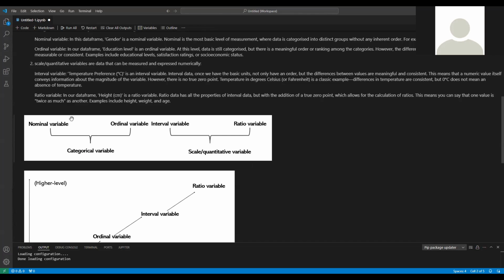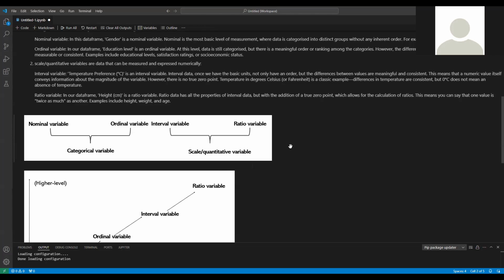If the groups cannot be ranked, these variables are called nominal variables. However, if you could find a meaningful order among those categories, then the data could be seen as ordinal variables.